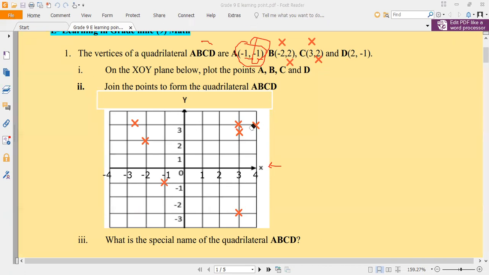That's the point where they are meeting. Oh, I've removed one. Which point? Okay, it's this one which must remain. And the other one that we have is +2 on the x-axis and -2 on the y-axis, which is right over here.